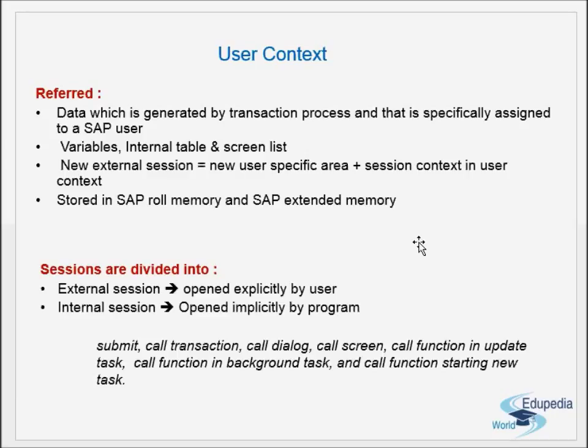All these three put together, which user is executing, what transaction he is executing, and all the information related to this in the process is known as the user context. It is specific to the SAP user ID, like the variables, the internal tables and the screen list.